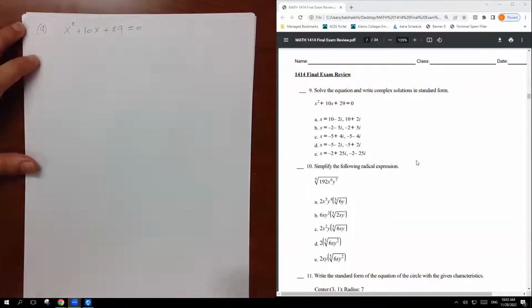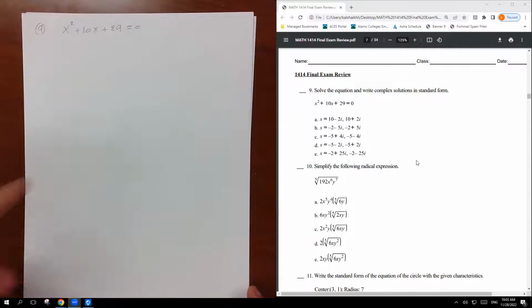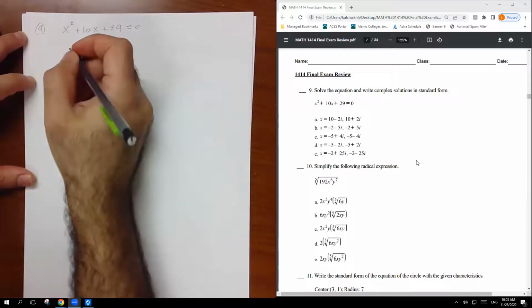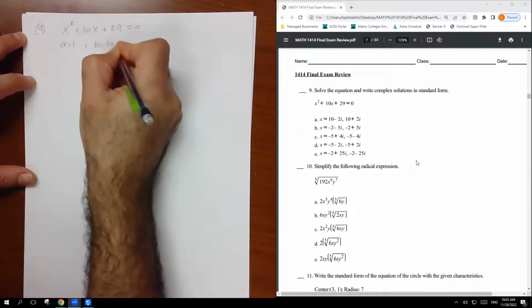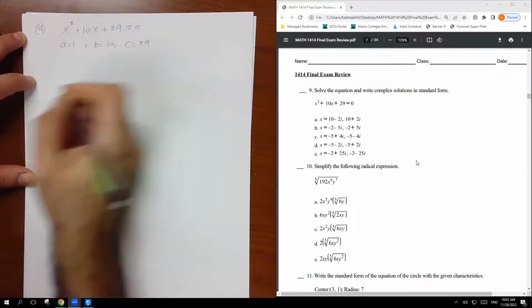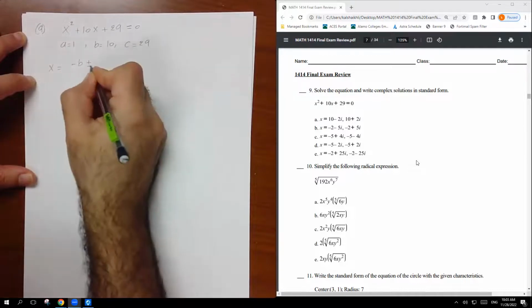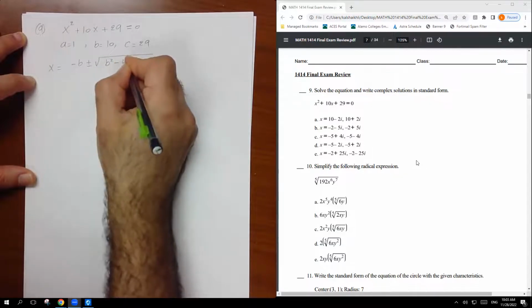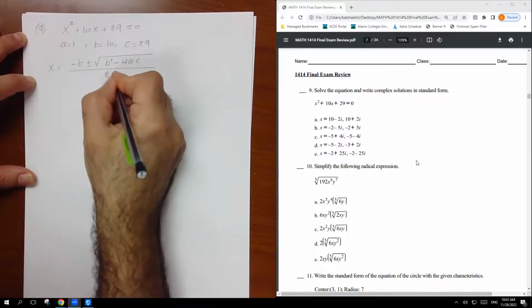For example 9, they ask you to solve the equation. For this one, we could try the AC method and open two parentheses, but we can't factor it. We have to use the quadratic formula. So A equals 1, B equals 10, and C equals 29. The formula says x equals negative B plus or minus the square root of B squared minus 4AC, divided by 2A.